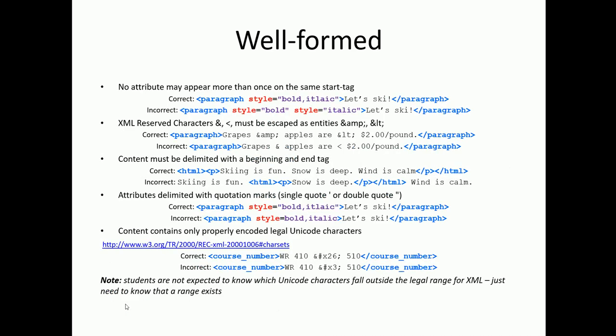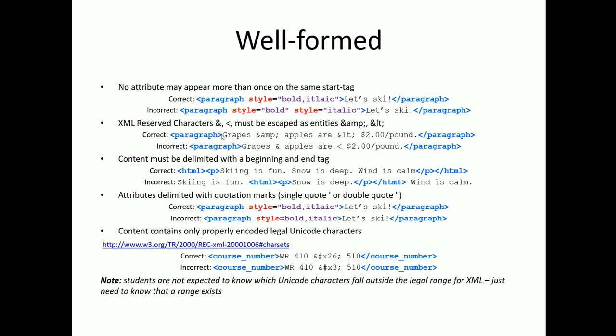No attribute may appear more than once in a start tag. Here's a well-formed paragraph with exactly one attribute called style. Here's a malformed one where we have a paragraph tag that has two style attributes. The XML reserved characters ampersand and less than must be escaped as &amp; and &lt;.